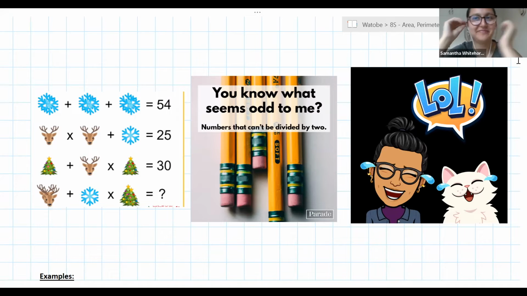For instance, 5 is an odd number because we cannot divide it by 2 without any remainder. 3 is an odd number. It's so obvious, it's a lame joke, but it's a funny joke because it's lame. So Romeo, I hope you understand. It's quite a good one.